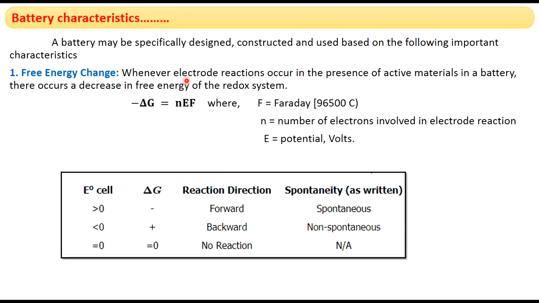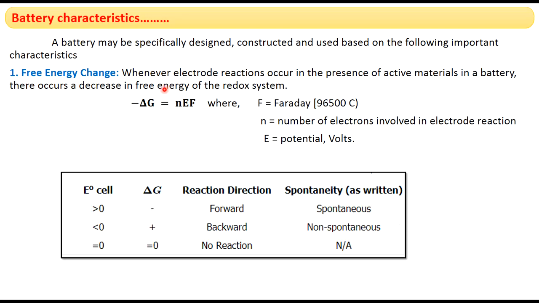So batteries are specially designed and constructed based on some characteristics. Now let us discuss those characteristics on which batteries are designed. The first one is free energy change. Whenever electrode reactions occur in the presence of active materials in a battery, we observe a free energy decrease.